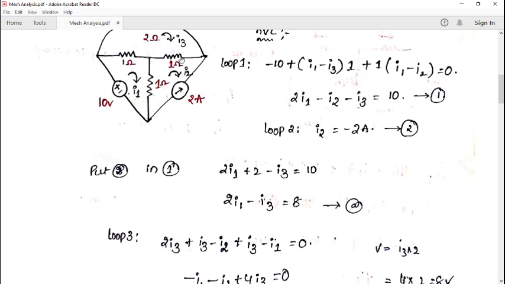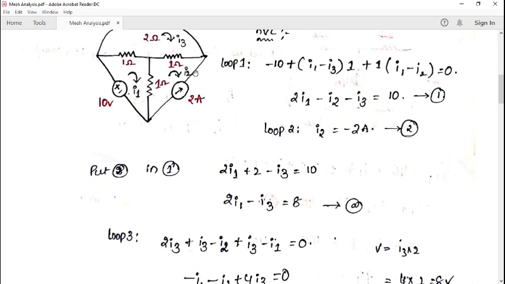This is loop 2. When we write a loop equation, let us observe one thing. What is the branch current? Here there is a current source in this branch. So what is the branch current? 2 ampere, which is nothing but I2 flowing in opposite direction.